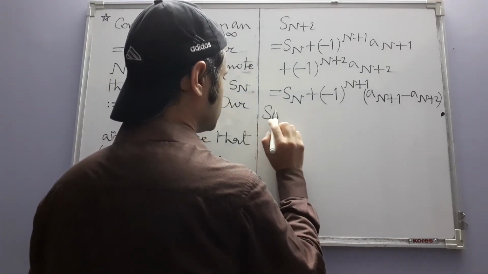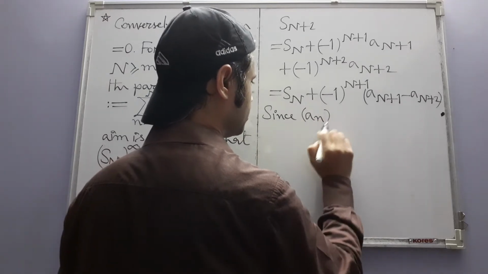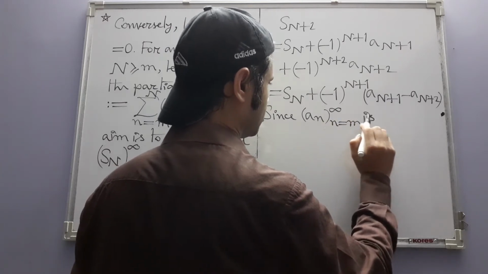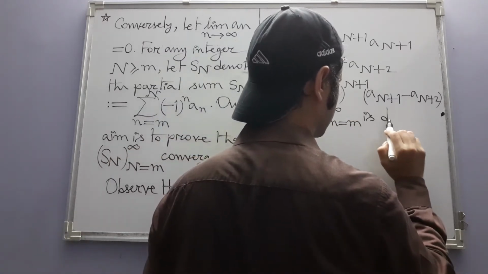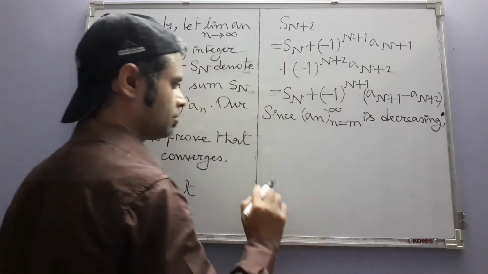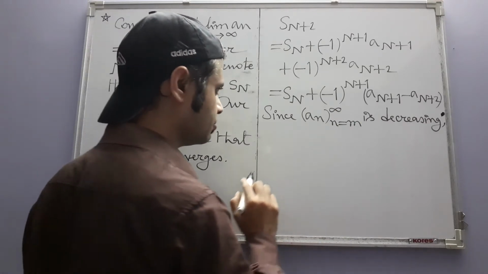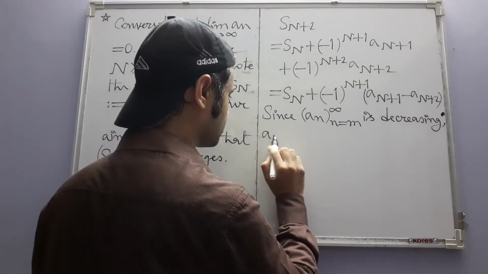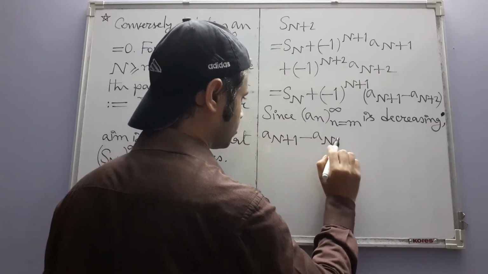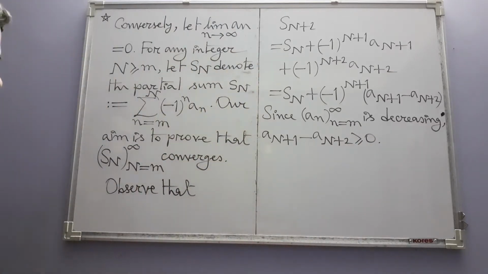Now, since our original sequence an is a decreasing sequence, an plus 1 will be greater than or equal to an plus 2, or in other words, this difference will be greater than or equal to 0.